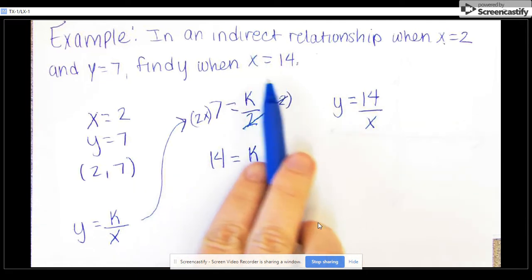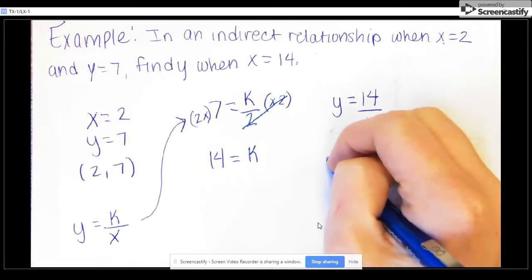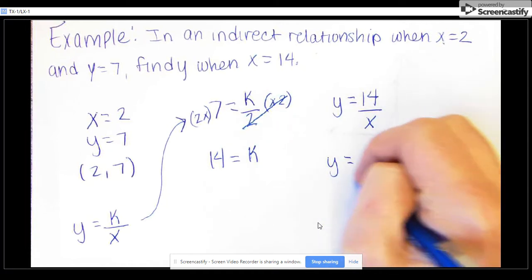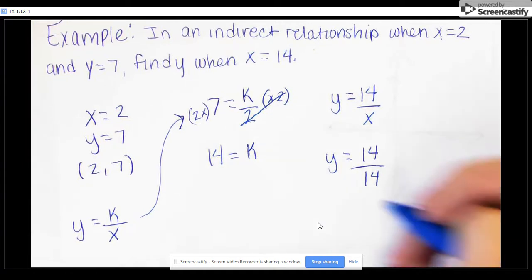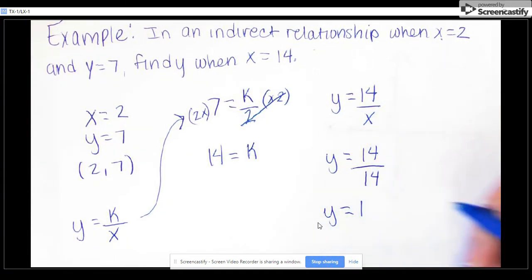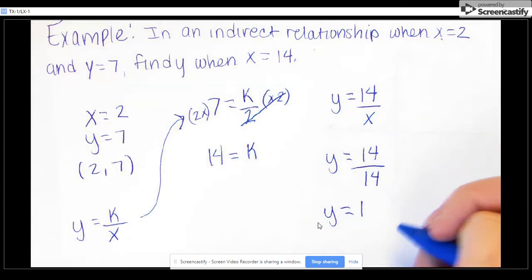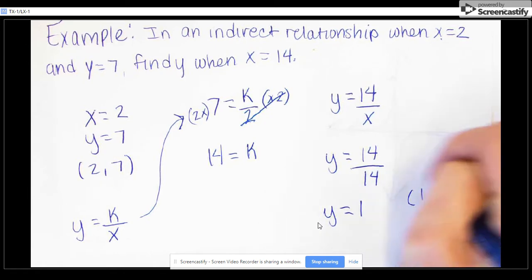I'm going to plug this x value into my equation to have y equals 14 over 14, and I can do that math to get y equals 1. So that means that I also have a point on that curved line at (14, 1).